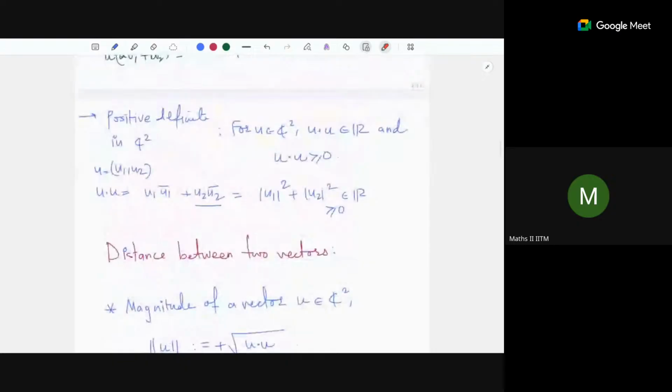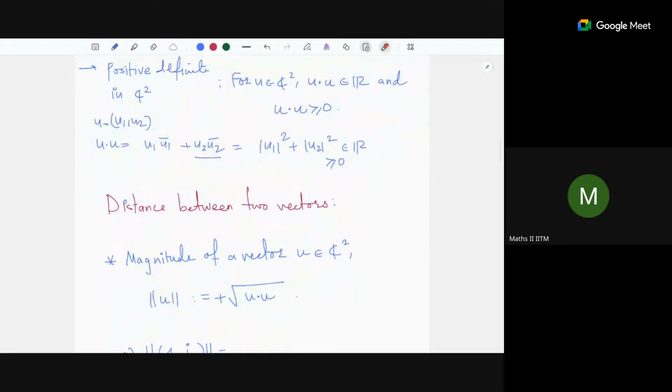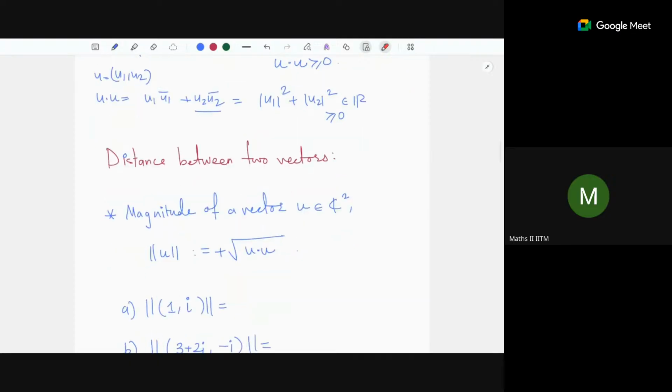Right. So it is positive definite in C2. Now let's see the case of R2.